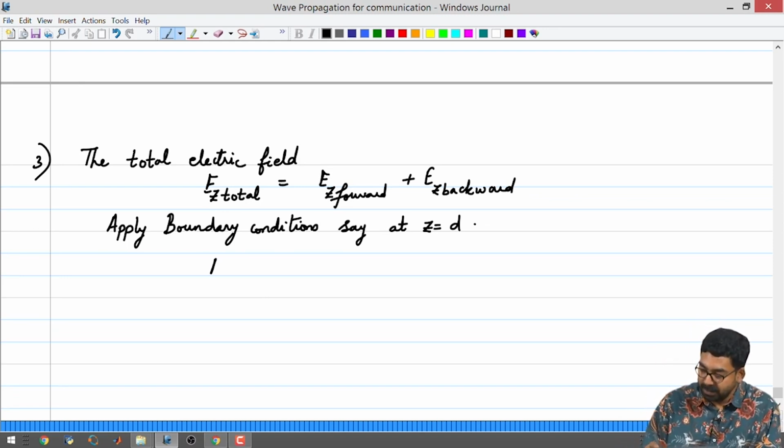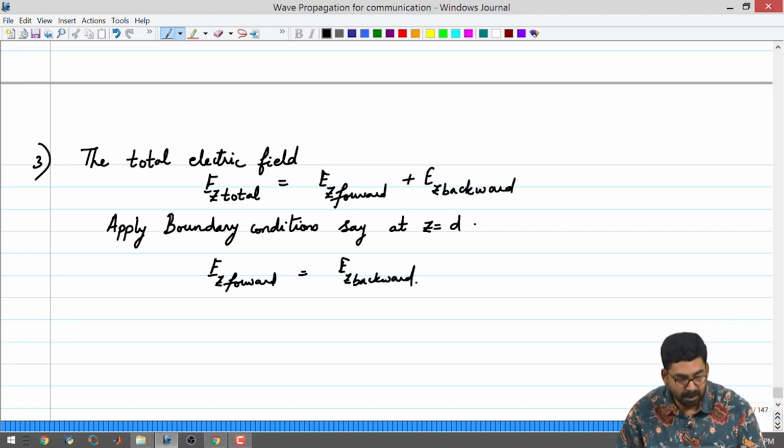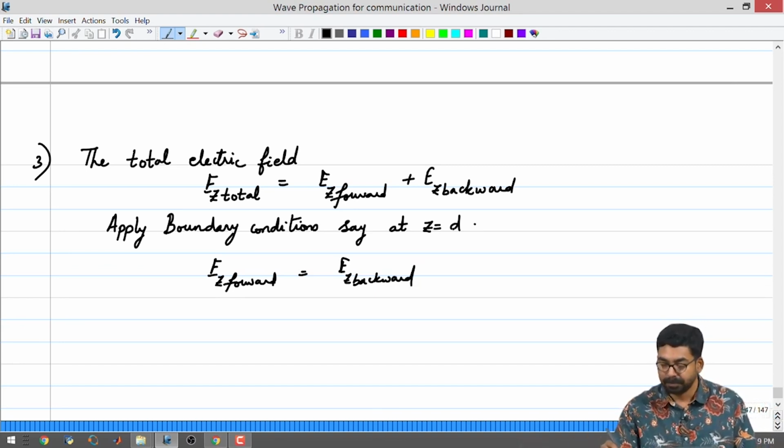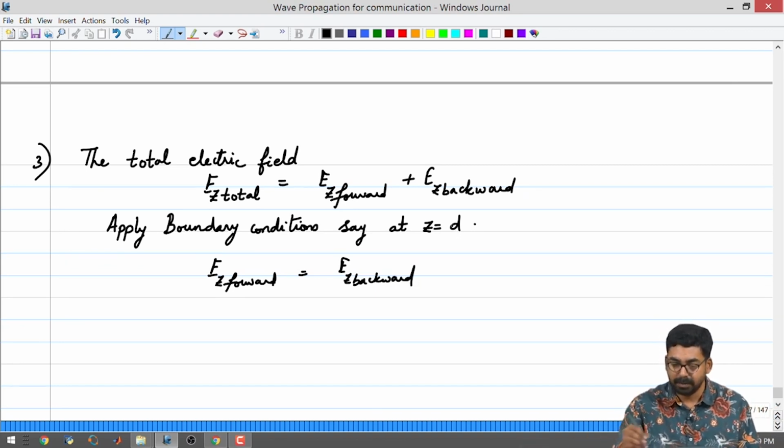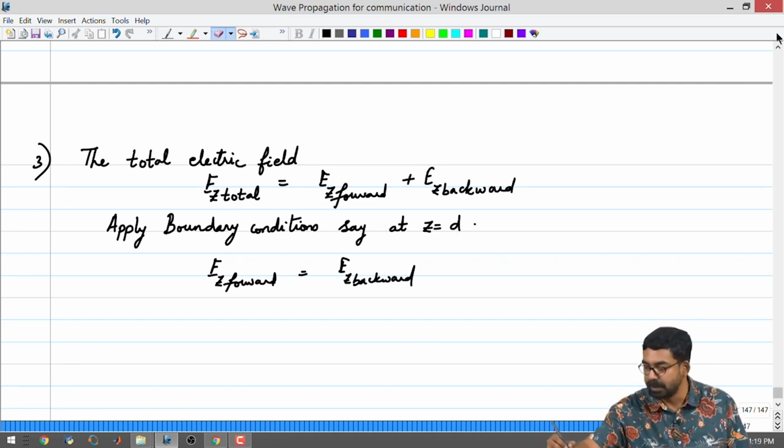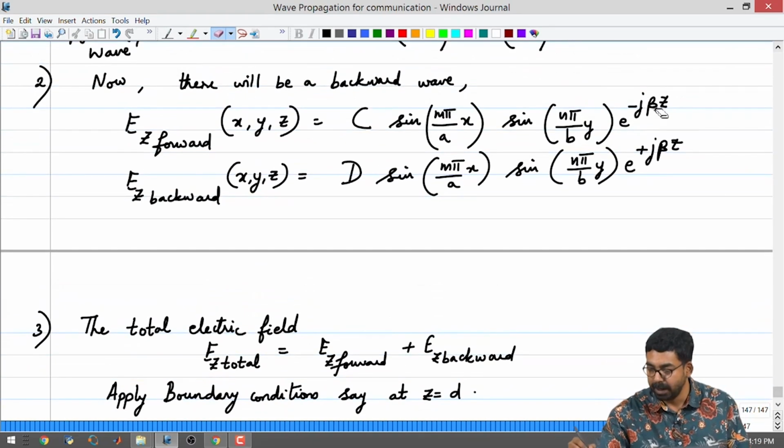So, I can simply write this as Ez forward is equal to Ez backward, right. So, if you were to take it at d, you will substitute z equal to d in e to the minus j beta z and e to the plus j beta z.